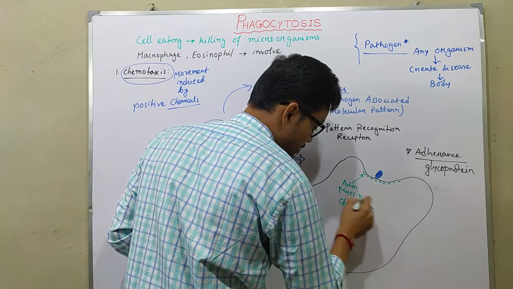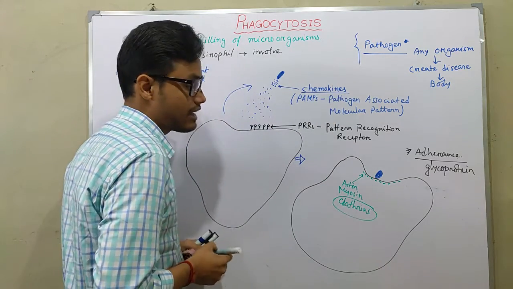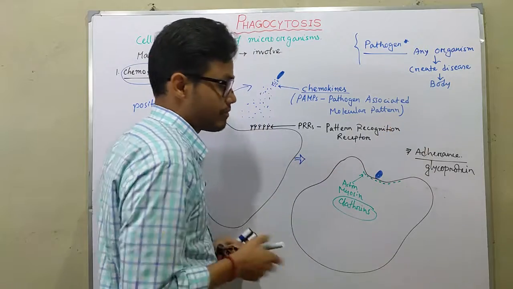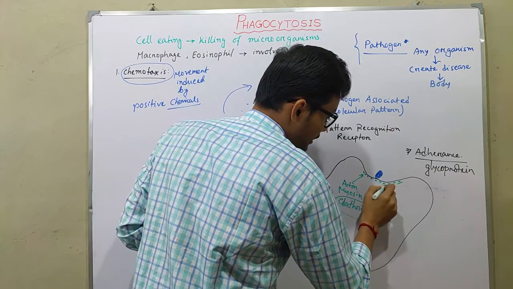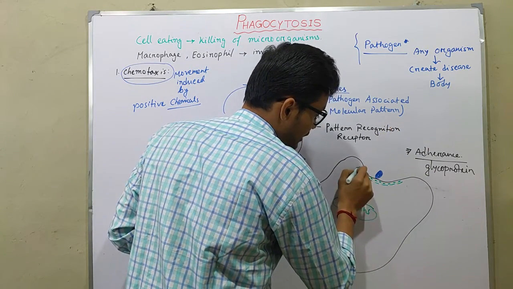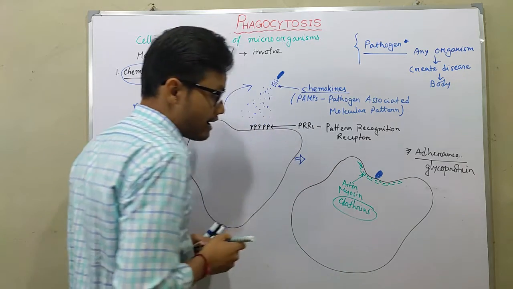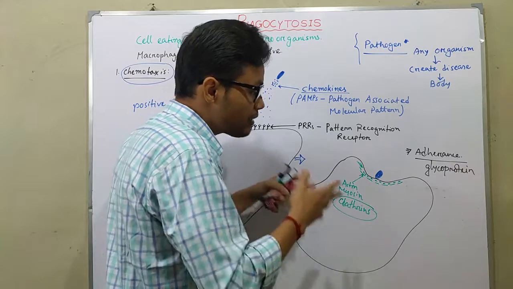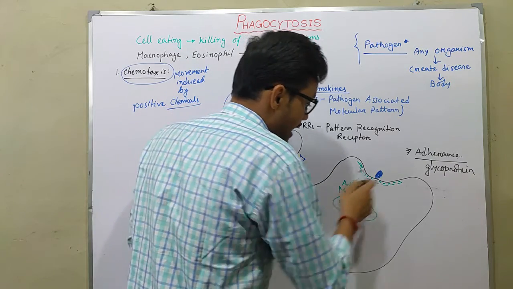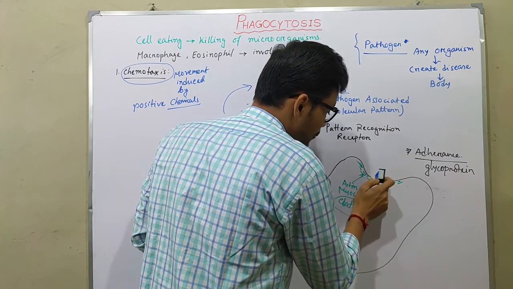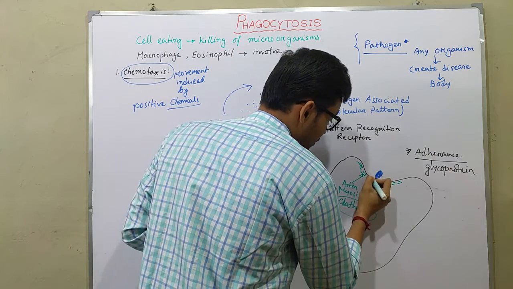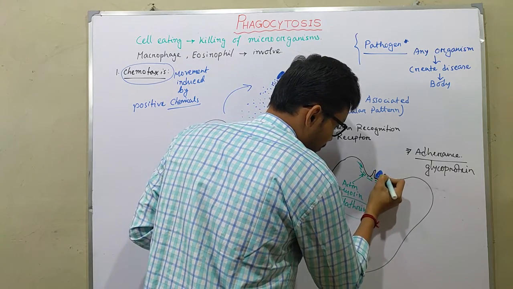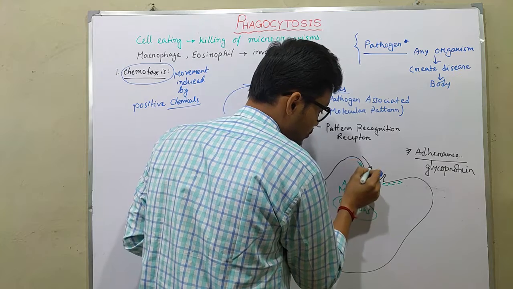Clathrins are specialized proteins that reside just beneath the plasma membrane, and here actin and myosin push the plasma membrane forward and make a pseudopod. So these are the pseudopods.